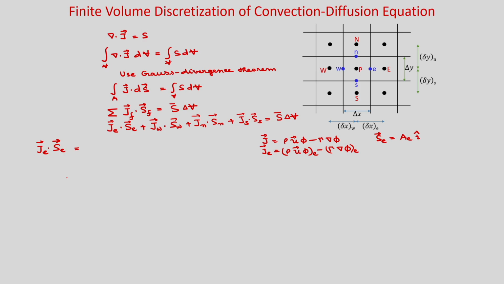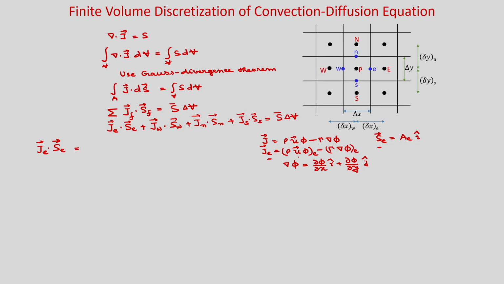Okay. So, now you can see this is your J_E, this is your A_C. Now if you make the dot product, what is grad phi? Grad phi is del phi by del x i plus del phi by del y j. Now you make the dot product and write the term.